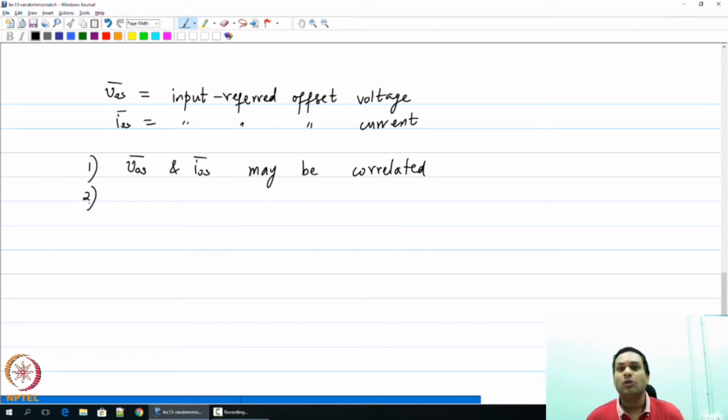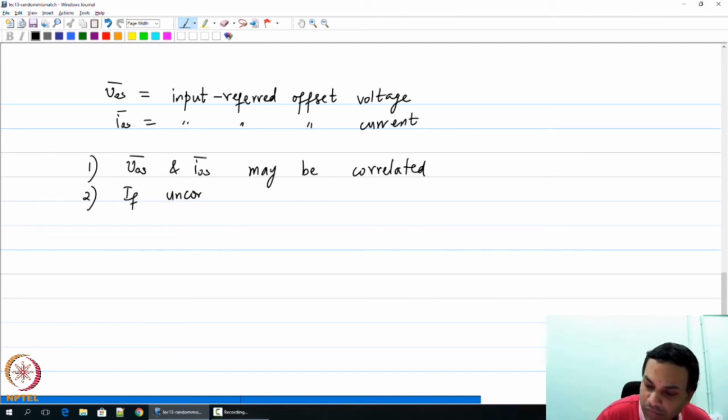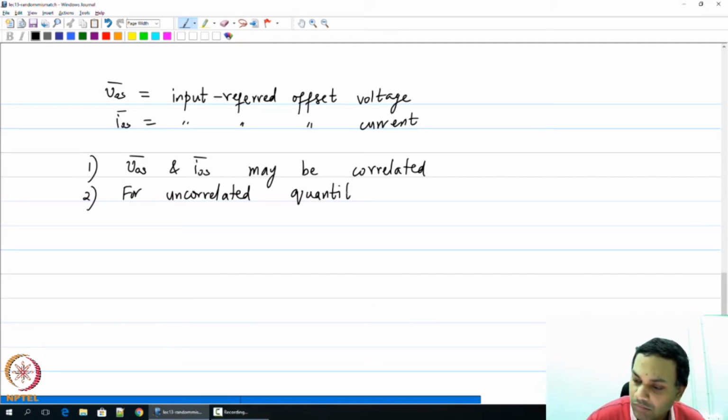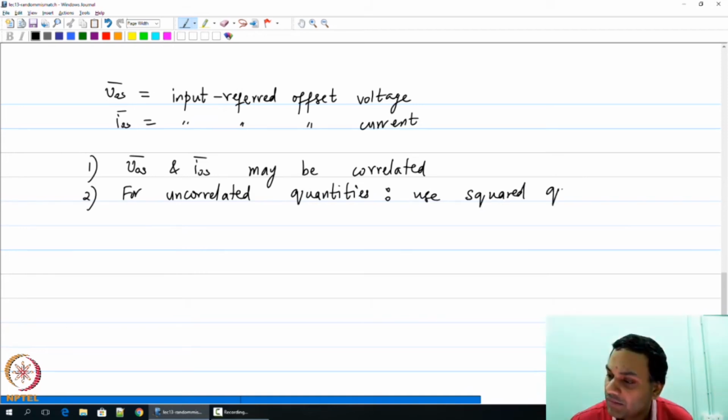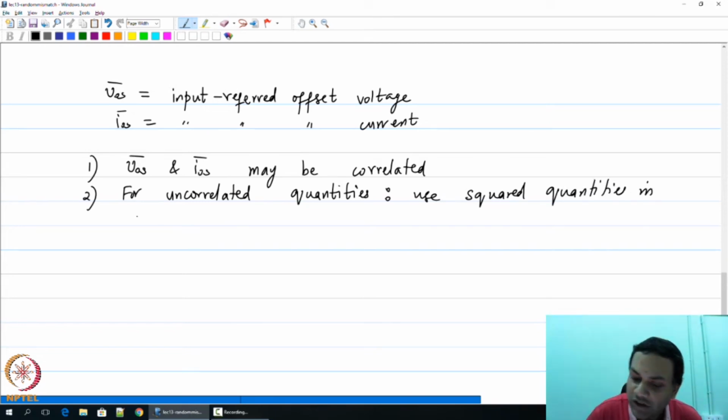And of course, because we are now dealing with statistical quantities, for uncorrelated quantities you need to use squared quantities in your analysis.